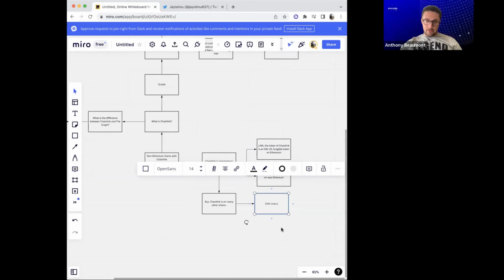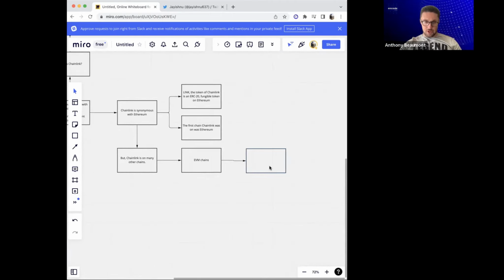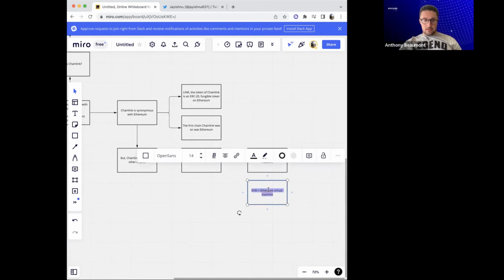Now, some of you might know what EVM chains are. EVM stands for Ethereum Virtual Machine. It means things that look like Ethereum in terms of the way you interact or do dApp development, but don't have Ethereum's consensus.